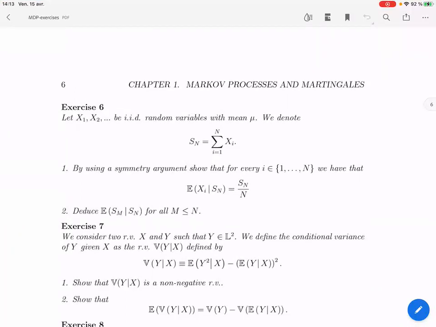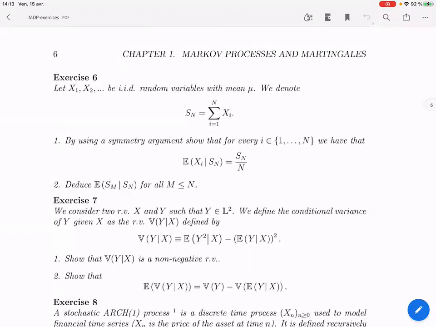So I propose now to do exercise 6. We have some random variables which are all independent, with a fixed mean mu, so they are IID, independent identically distributed.